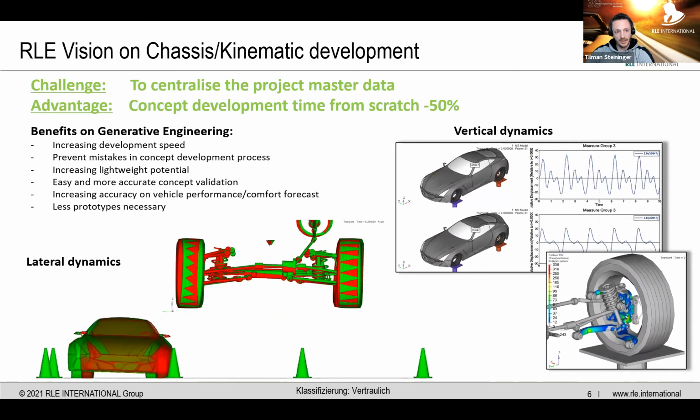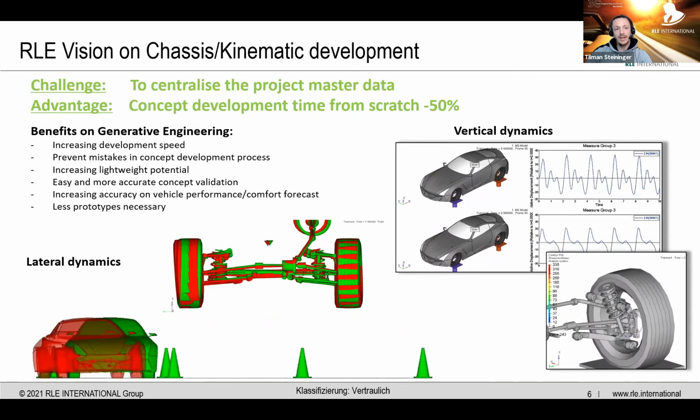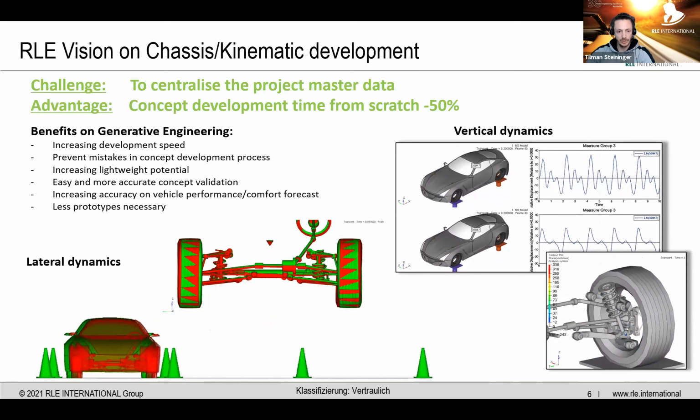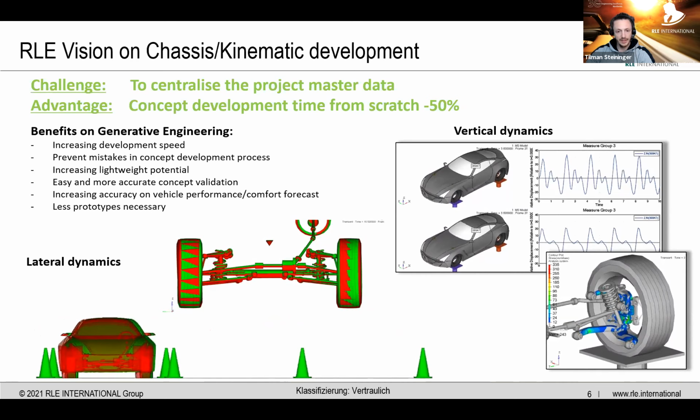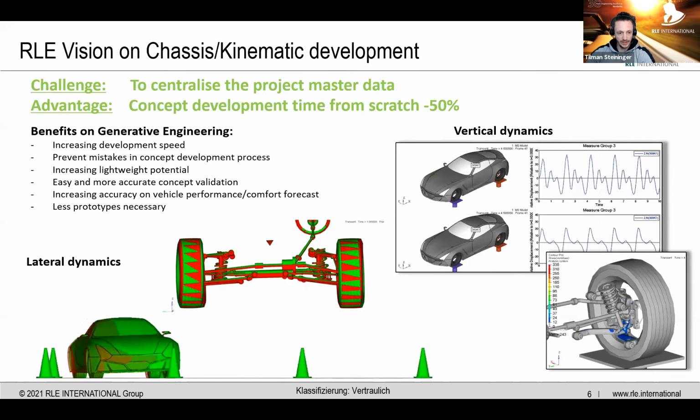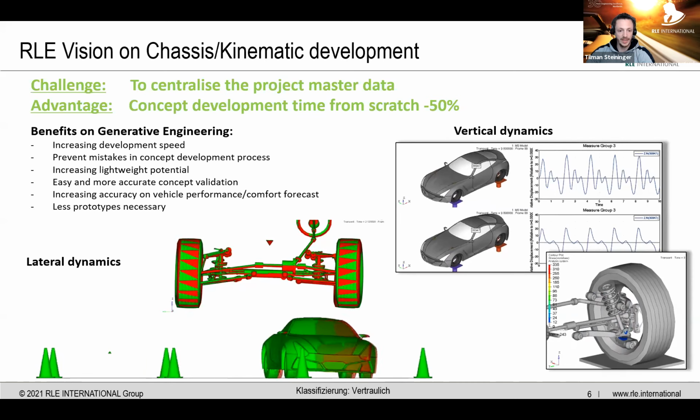And I think that's the major challenge on that, is to centralize all that data which is necessary, because especially for a full vehicle kinematic development, we need that much information.